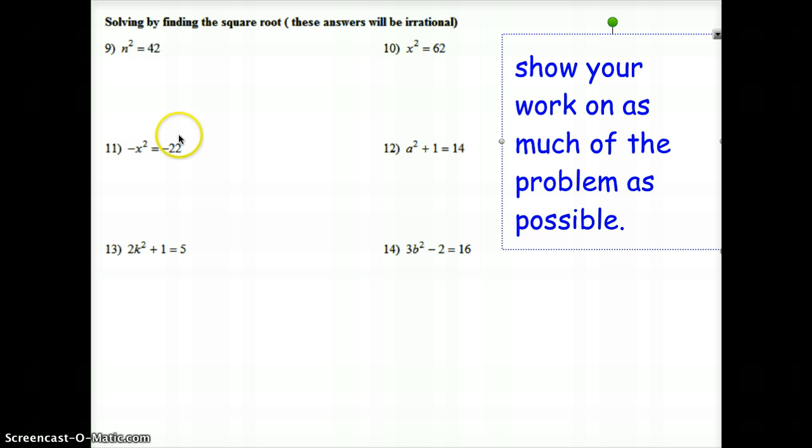Divide by -1, divide by -1, square root both sides. If you don't get an answer, that's okay. But at least show me the first few steps. All should be fairly easy. This one down here, subtract 1, divide by 2, divide by 2. Square root. Should get a nice answer, or somewhat nice answer. Okay. Again, don't give yourself a hard time.